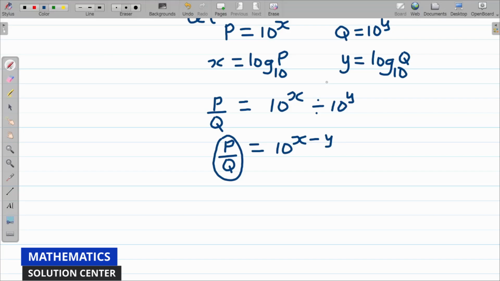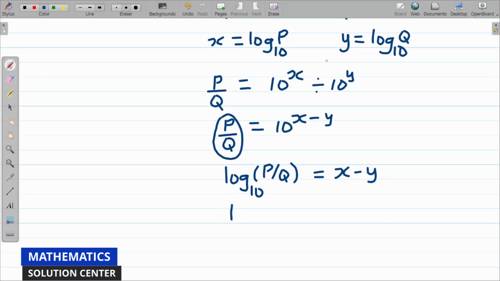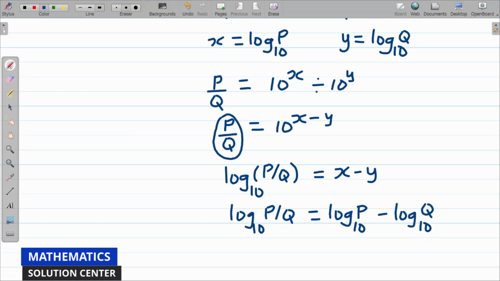That means log p over q base 10 is equal to x minus y. But take note, we've already taken x to be log p base 10 and y to be log q base 10. So let's substitute. Therefore, log p over q in base 10 is equal to log p base 10 minus log q base 10. So this law is proven.